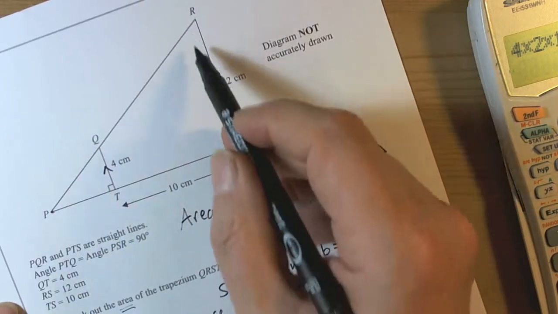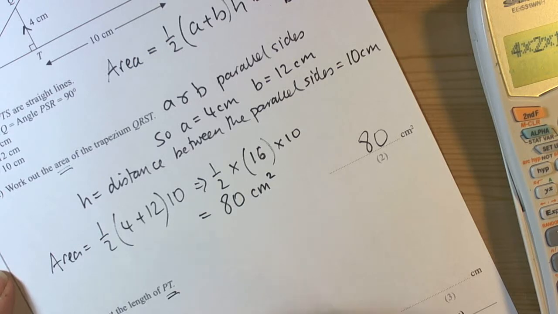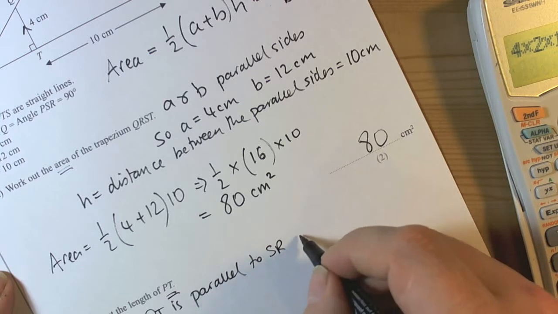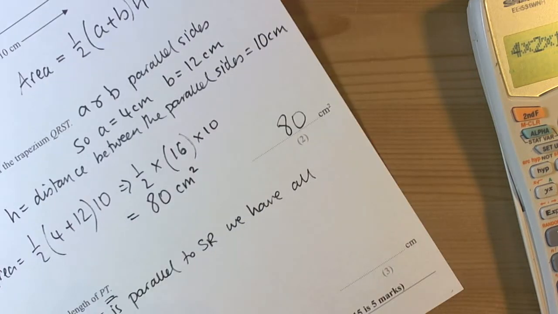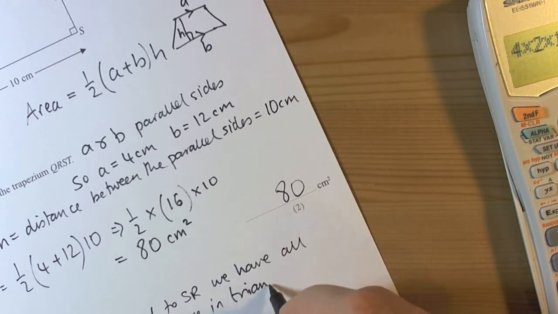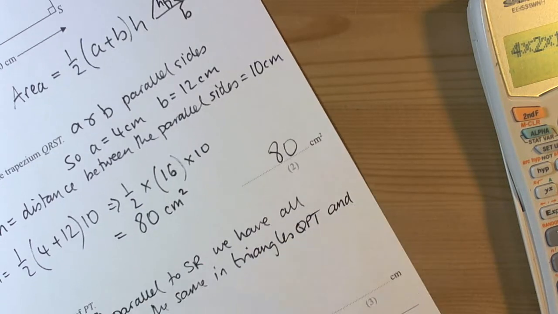Because these two sides are parallel, then we have similar shapes. So basically, because QT is parallel to SR, we have all corresponding angles the same in triangles QPT and RST.